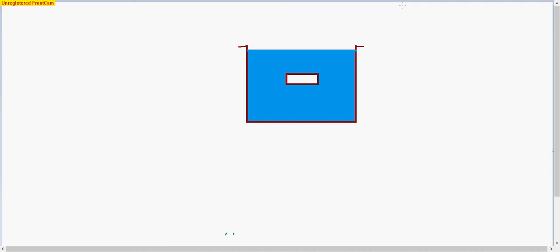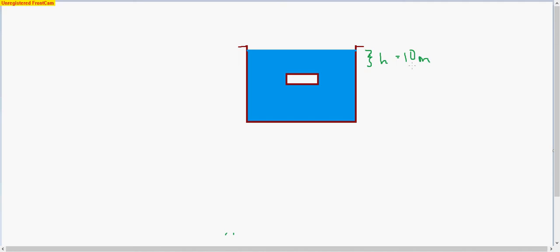Now we are going to find the pressure exerted on this piece of wood. For that we need the height, right? Let this be H. Let it be 10. We'll consider it 10 meters, not centimeters.